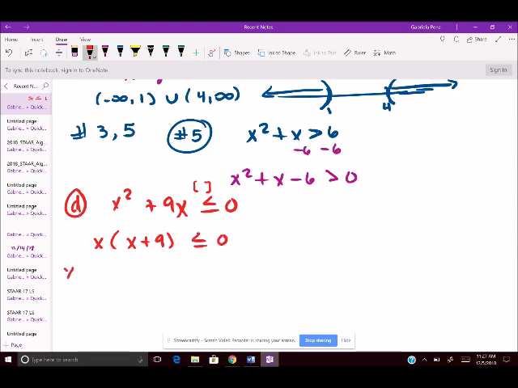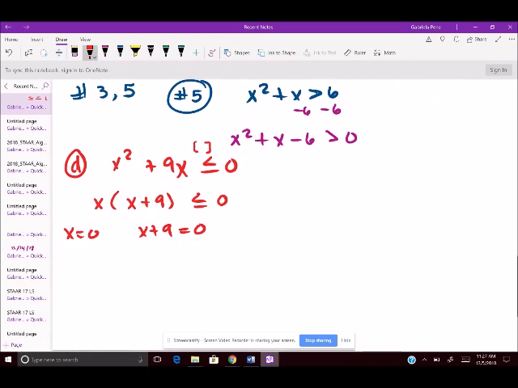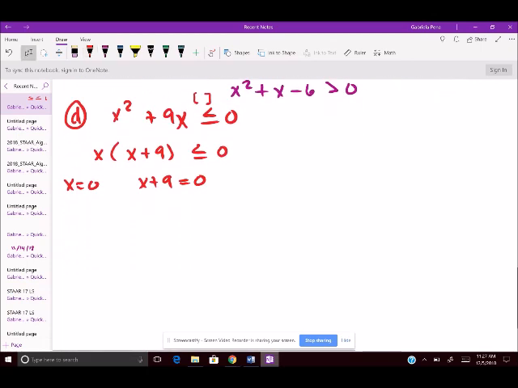So I have x equals 0 and x plus 9 equals 0. So the first one's already done. What happens here? This becomes x equals -9. So when I do my number line, who do I put first? -9, and then we put the 0.